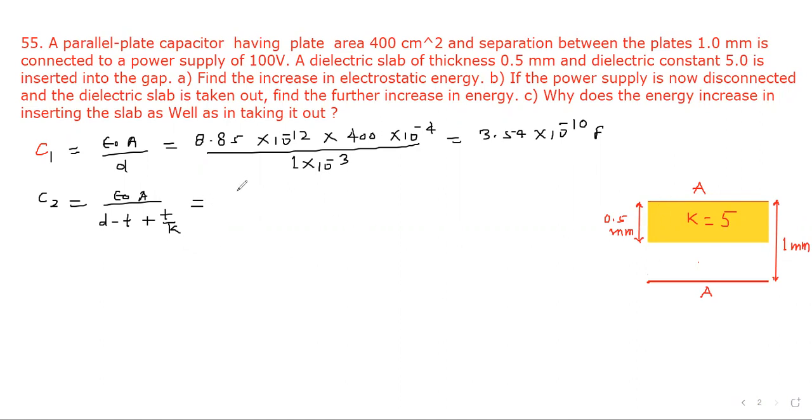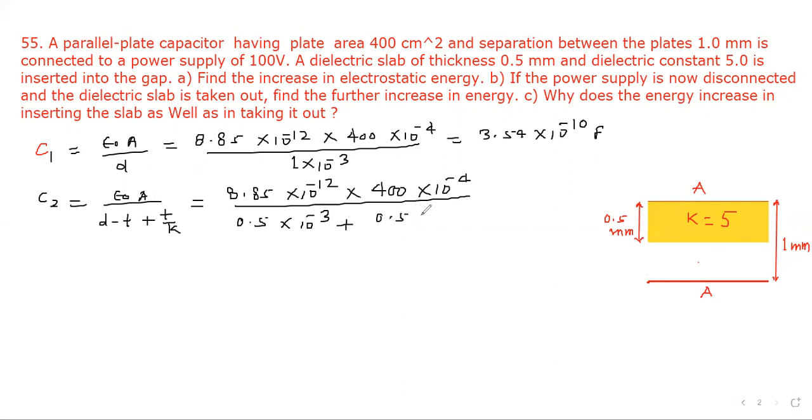So we put the values again: 8.85 into 10 to the power minus 12 into plate area 400 into 10 to the power minus 4, divided by D minus T. So D minus T will give 0.5 mm, so 0.5 into 10 to the power minus 3, plus T, where T is 0.5 into 10 to the power minus 3 divided by K. K is 5, so this will become 0.1 into 10 to the power minus 3. So let's simplify it another way around. So here we can write it further.